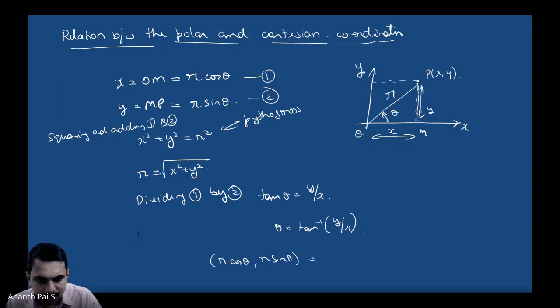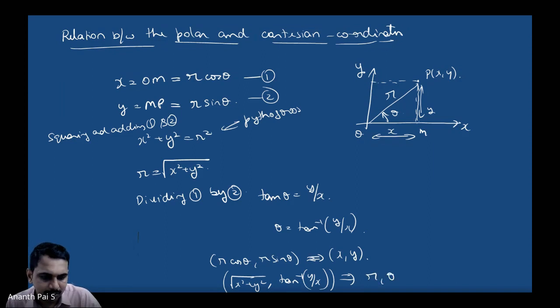Or square root of x square plus y square and tan inverse of y by x is similar to writing r comma theta. That's it, nothing great.